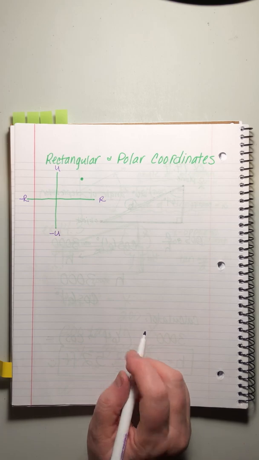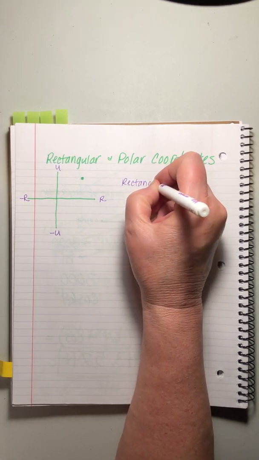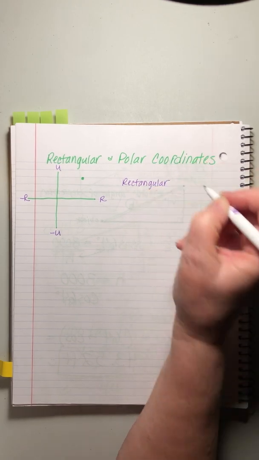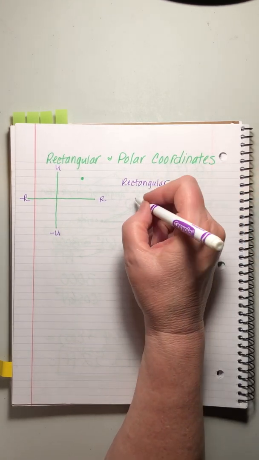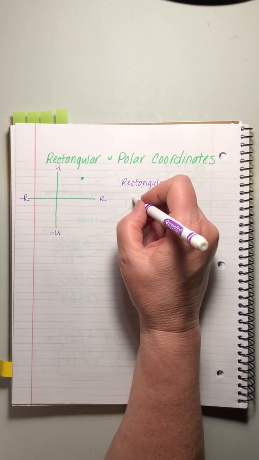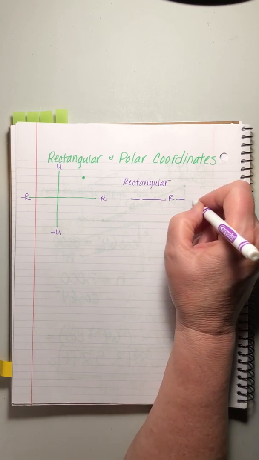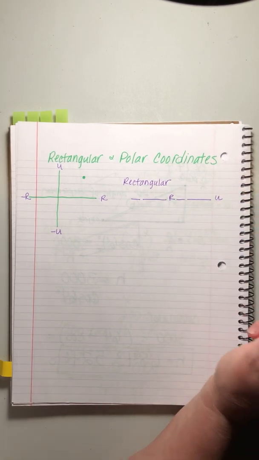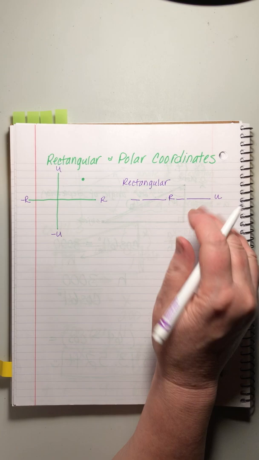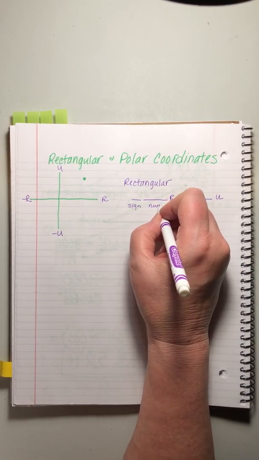We can write this in rectangular coordinates, which we do by saying a sign and a number right and a sign and a number up, right? We practice this. Sign and a number.